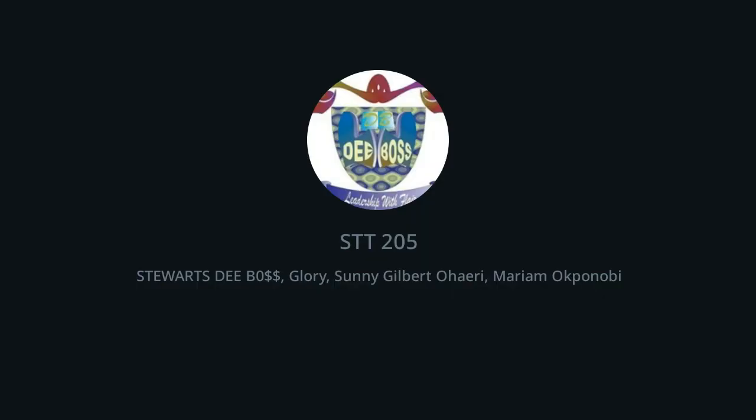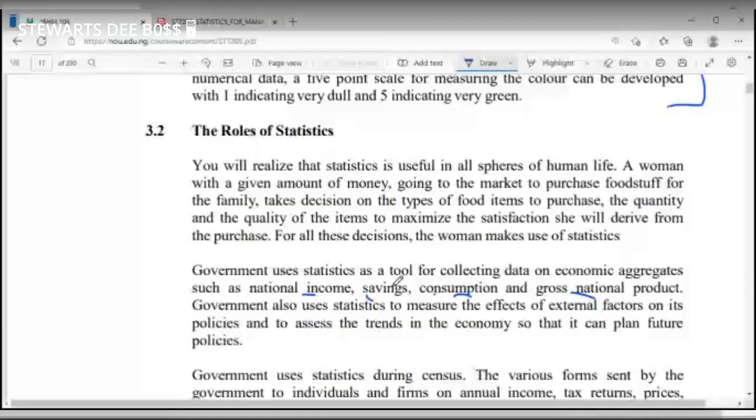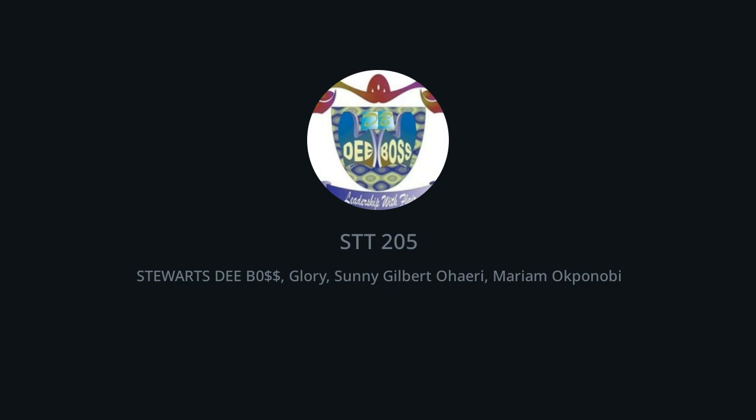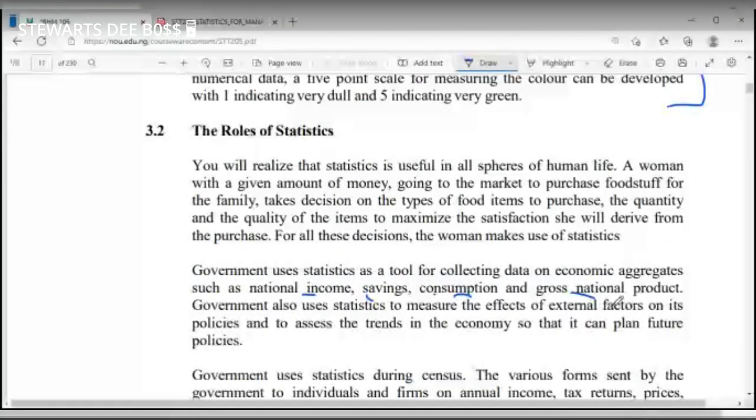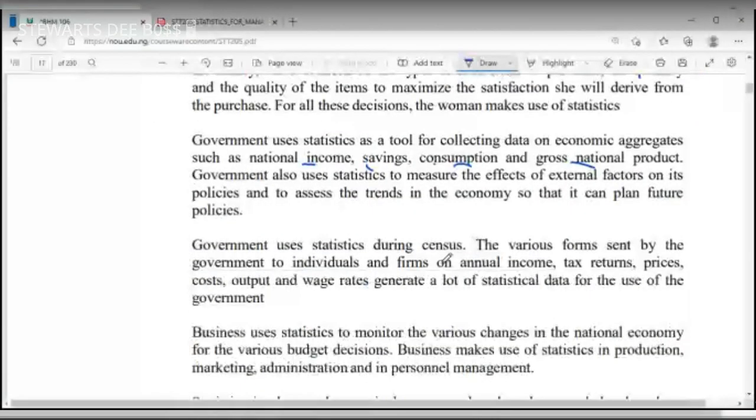Government also uses statistics to measure the effect of external factors on its policies and to assess the trends in the economy so that it can plan future policies. Government uses statistics during census.